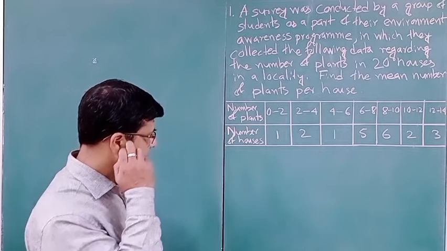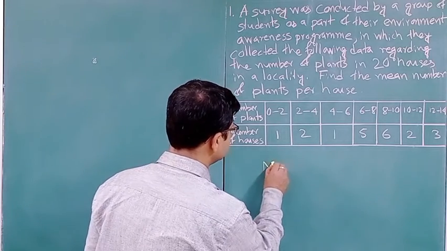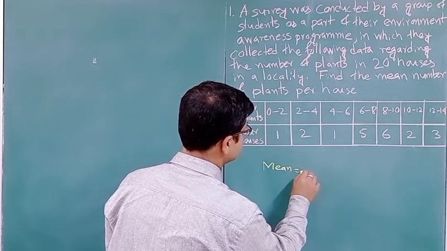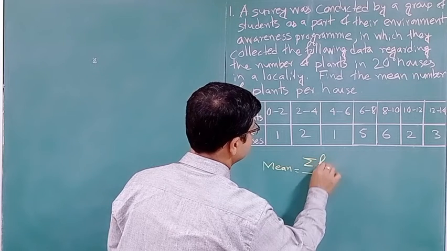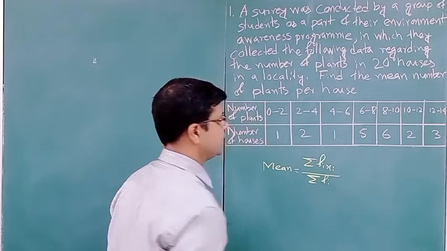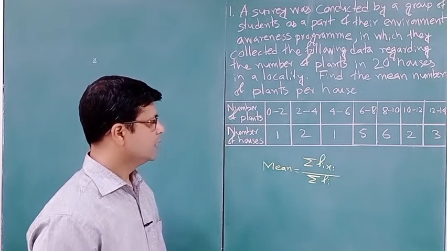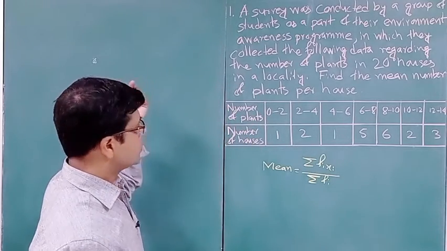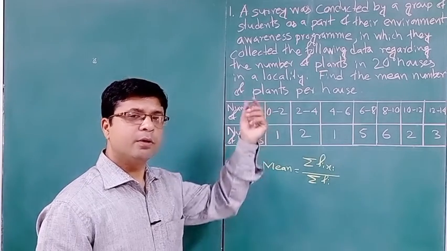Now in the direct method we know that mean is summation of fi xi divided by summation of fi. While solving this sum, we have to know how many columns we have to make.